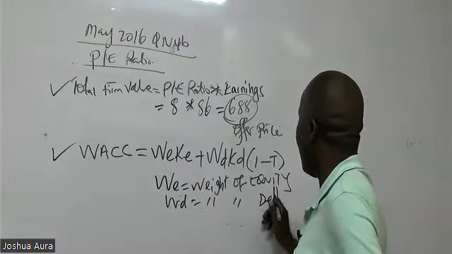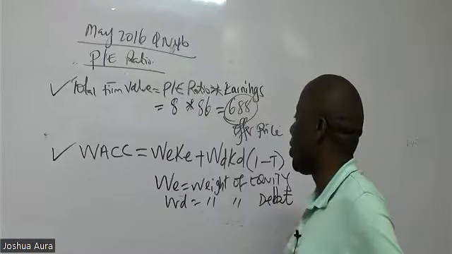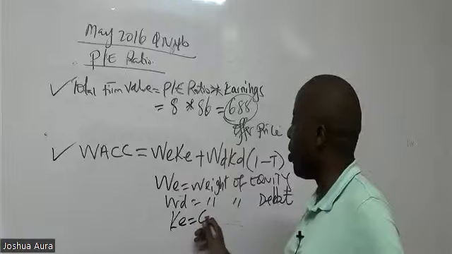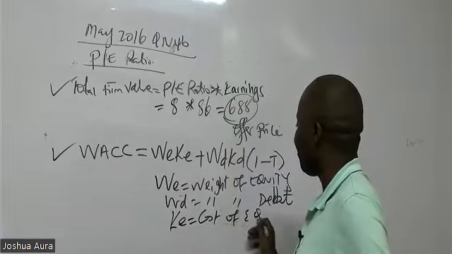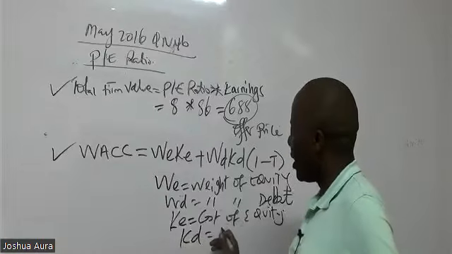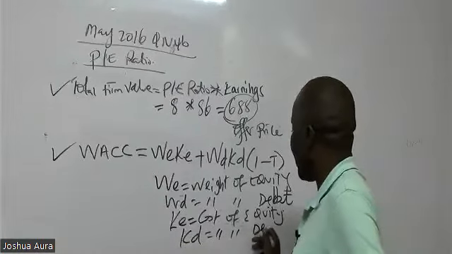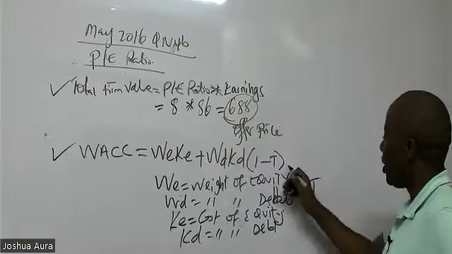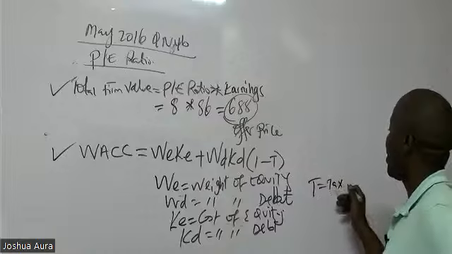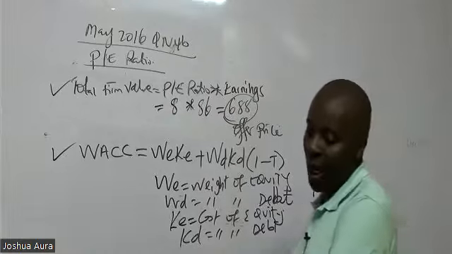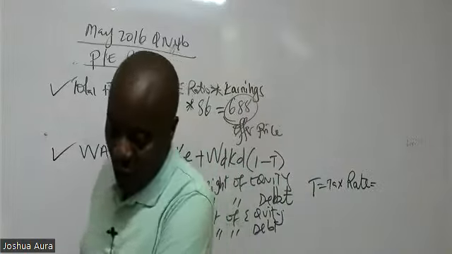KE is the cost of equity. KD is the cost of debt. And lastly, T is the tax rate, which in this question has been provided to us before required.